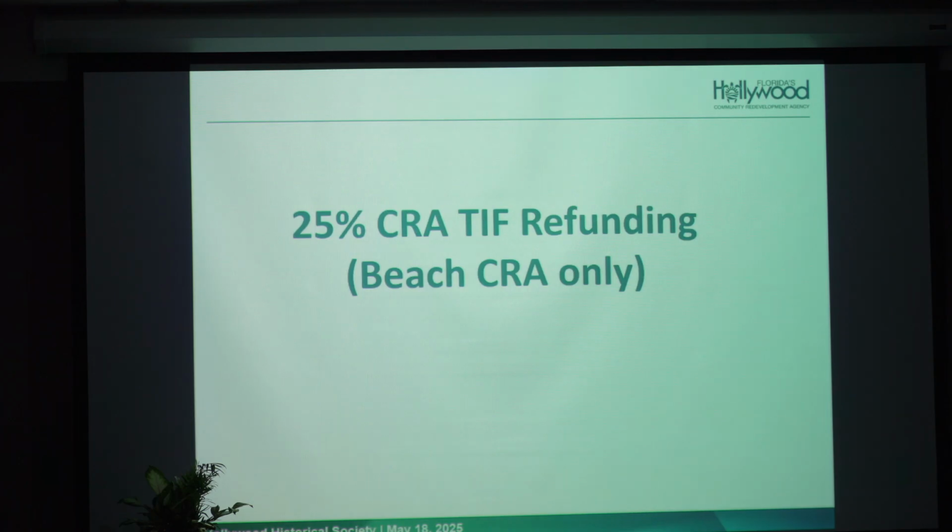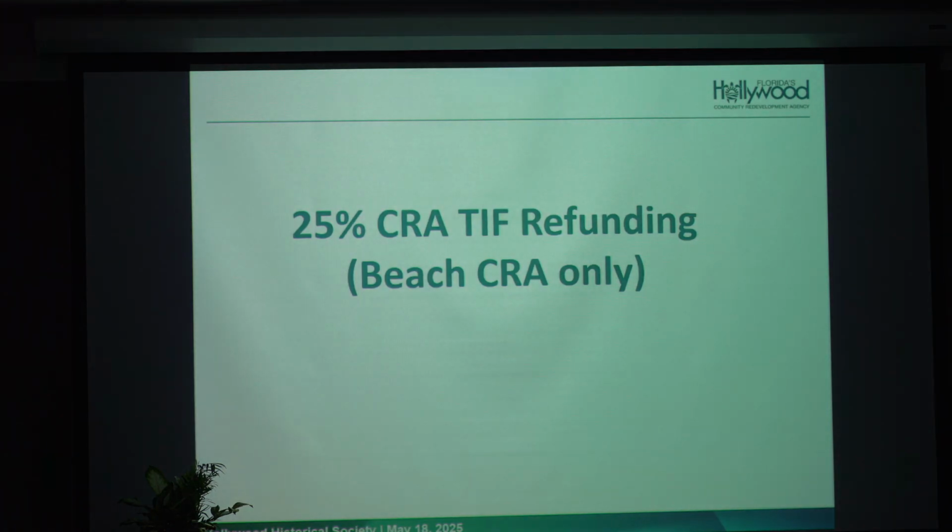Now, because the beach CRA, quite frankly, has been wildly successful in increasing the tax base, it was determined that 25% of the TIF that the beach CRA collects would be given back to the taxing authorities.